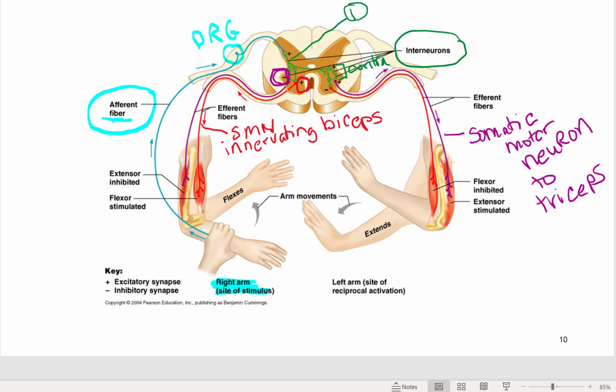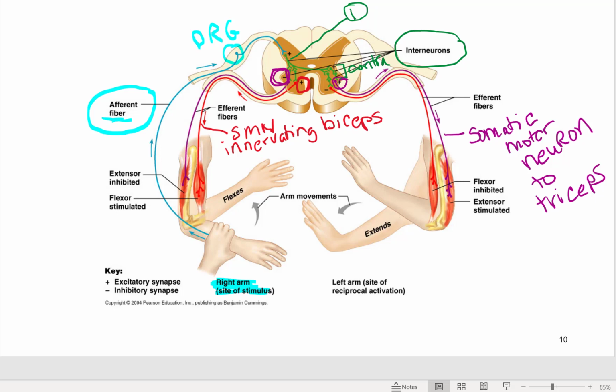But what is happening on the left side? Again, this reflex arc is also called the crossed extensor. So on the left side, the person wants to push away from their assailant. Notice that the somatic motor neuron on the left side that innervates the triceps, it is receiving an excitatory neurotransmitter.